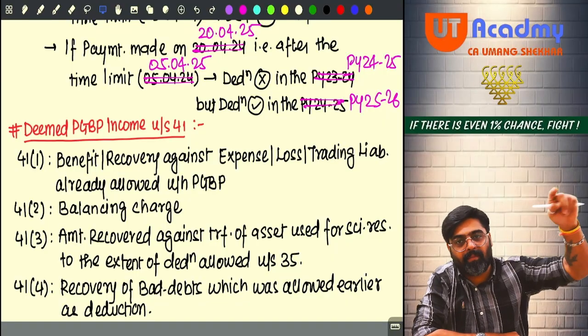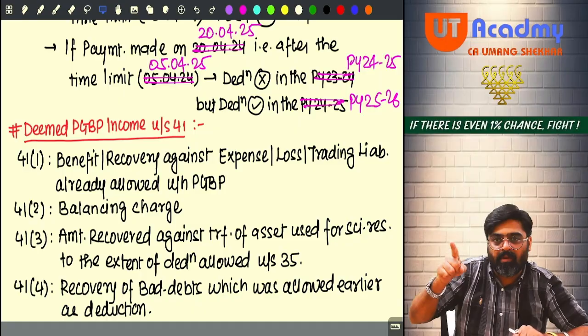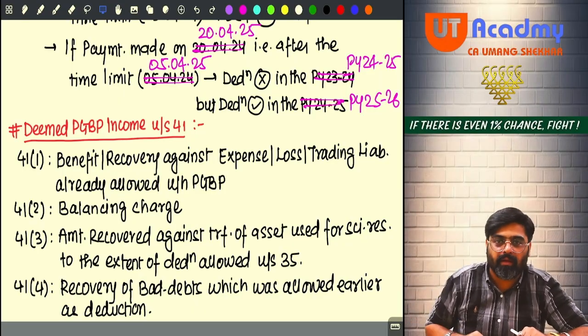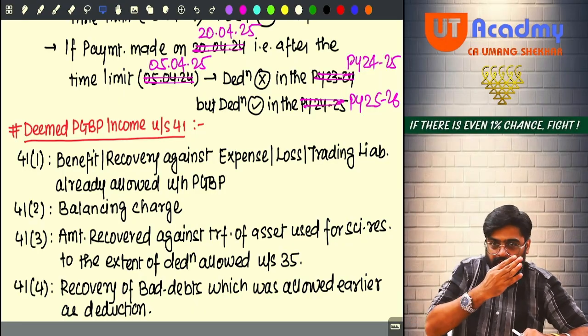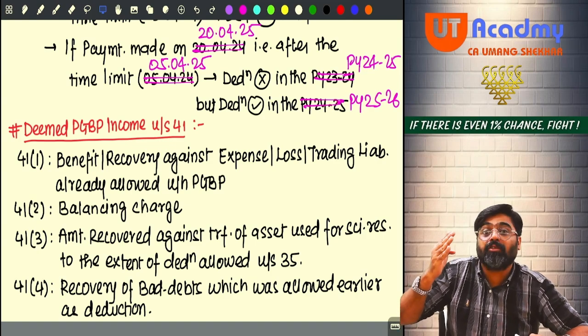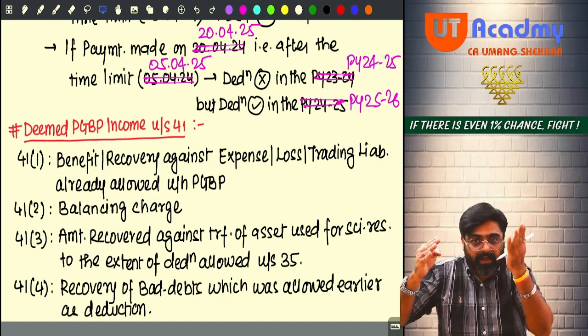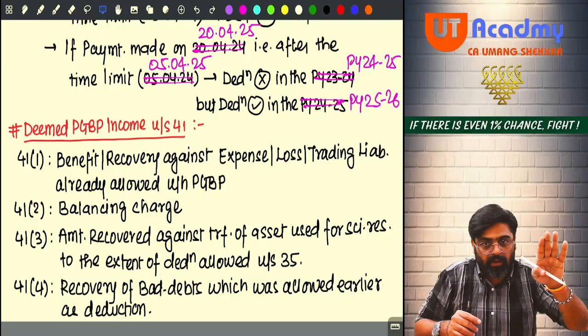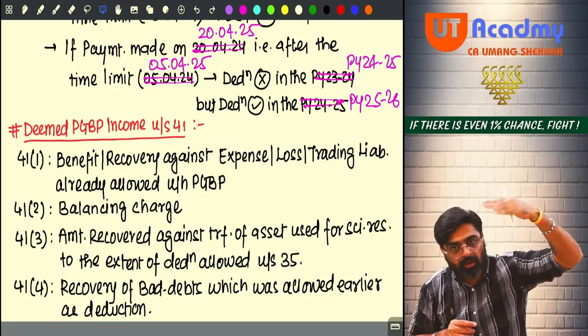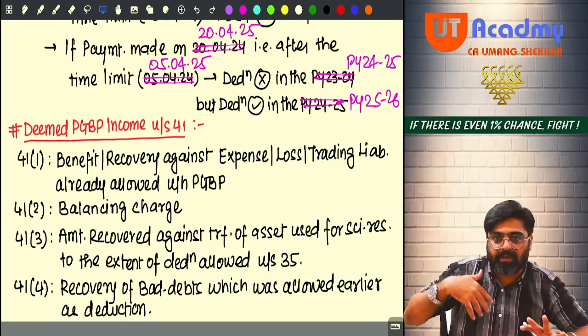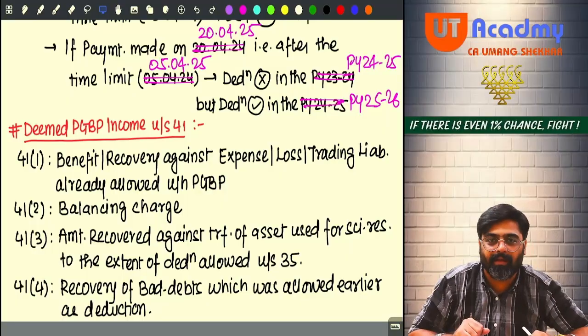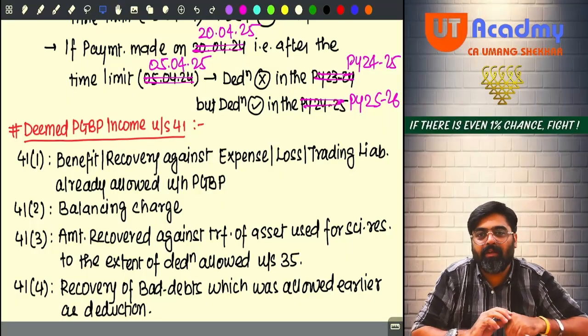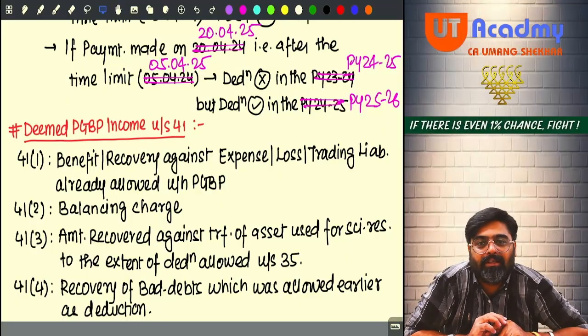Now if you make the payment of 5 lakhs, then the claim of 5 lakh was okay. 5 lakh was allowed as a deduction as your purchase expense, and against that the creditor is 5 lakh. But that supplier is giving you 10,000 rupees discount for making an early payment.